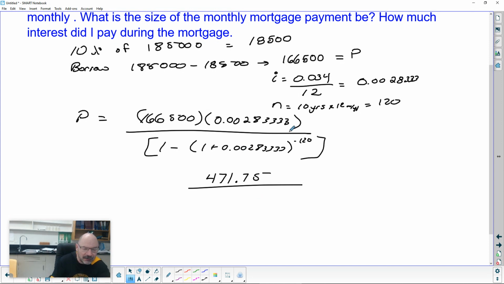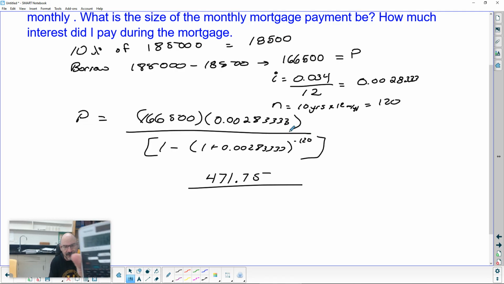So now, what I recommend doing here is I'd go back in my calculator and I would go 0.034 divided by 12 to get my interest rate back, and then add 1. Okay, then I would raise that up to negative 120. So I'd go to the power of negative 120.